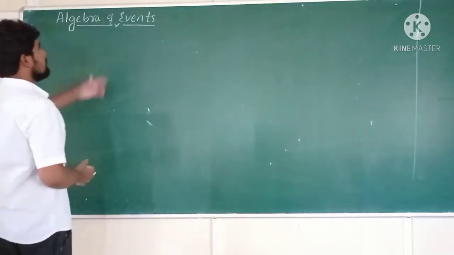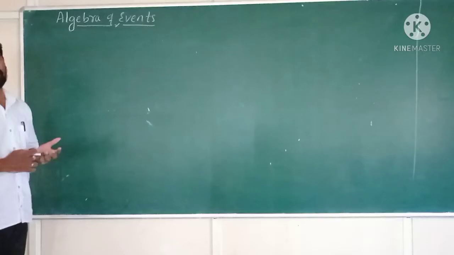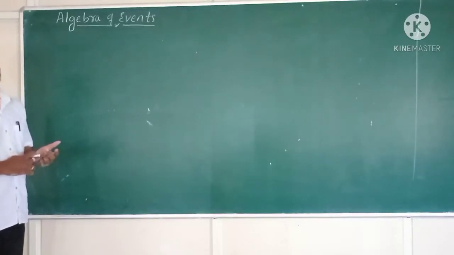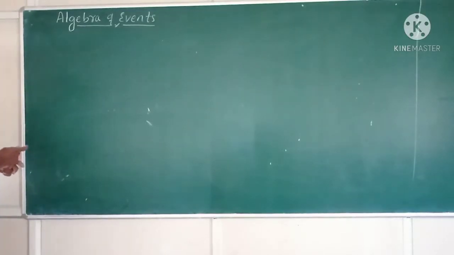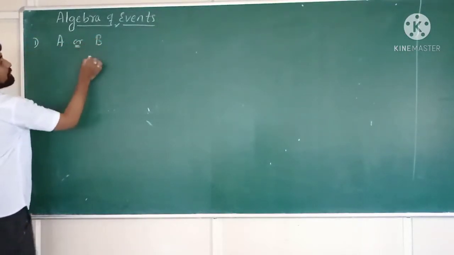So now the next concept is algebra of events. Means union of two events, intersection of two events, or complement of an event. The first one is A or B event.